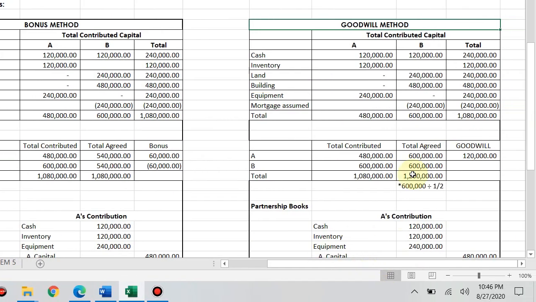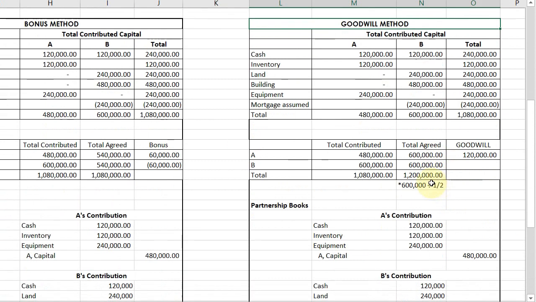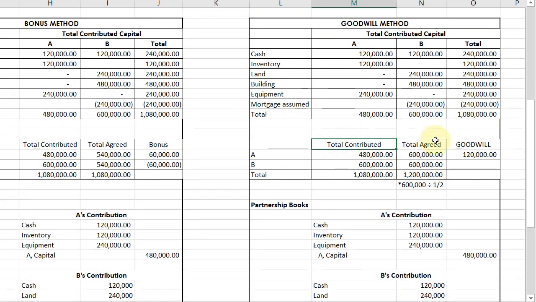So, the same, I just copied the total contributed capital from the table I made. Okay? Then, I have also copied the total contributed and total agreed, but here, it is goodwill already, not bonus. Okay, so what happened?